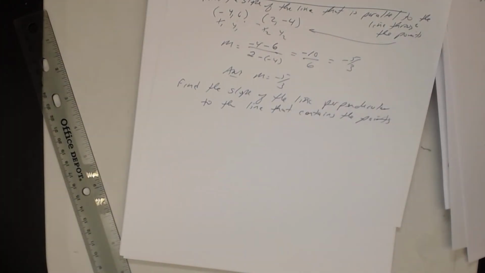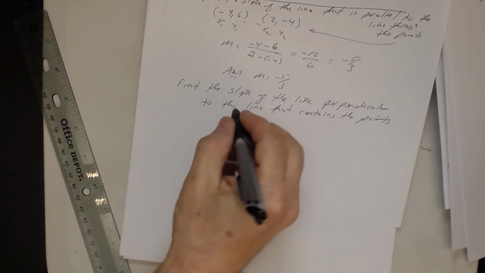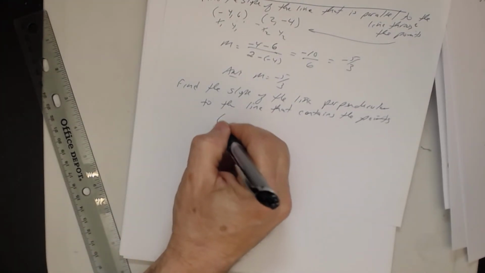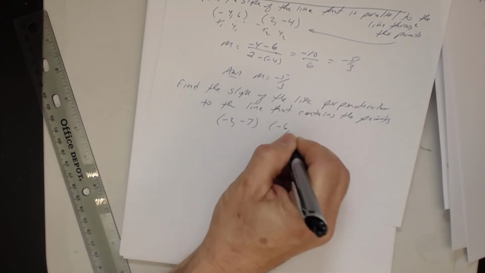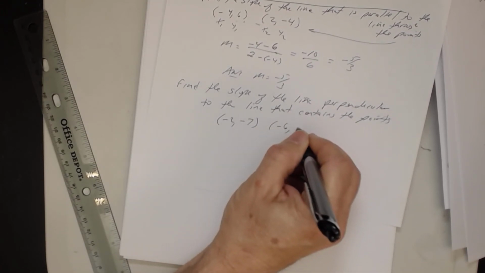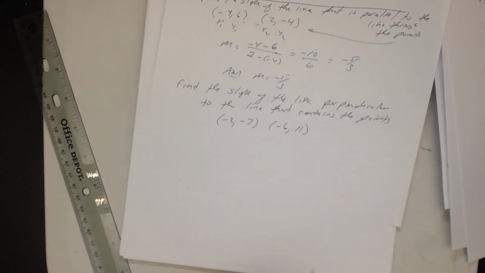All right, so find the slope of the line perpendicular to the line that contains the points or passes through the points. And this time, let's say we have negative 2, negative 7, negative 6, 11. I'm making this up.